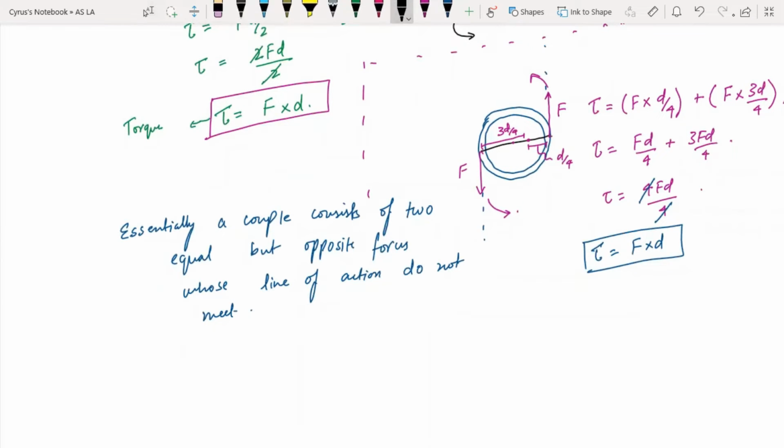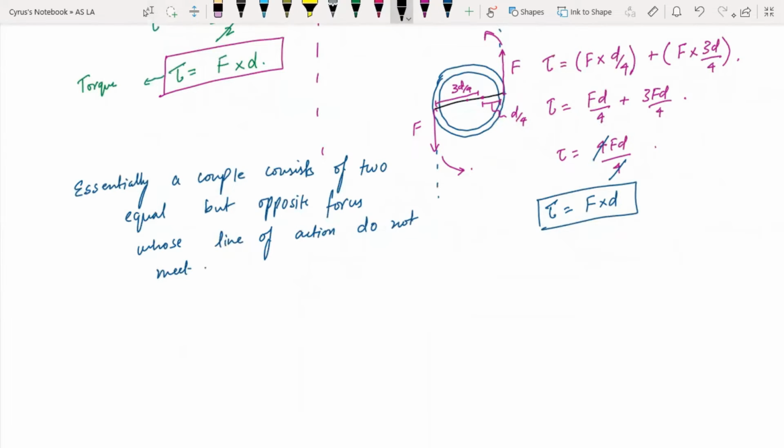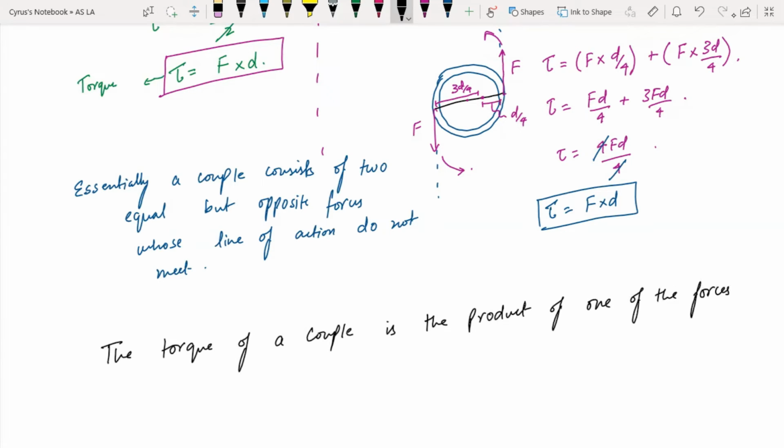Torque of couple की definition अगर आपको आएगी कभी, तो what you'll write here is that the torque of a couple is the product of one of the forces and the perpendicular distance between the two forces.